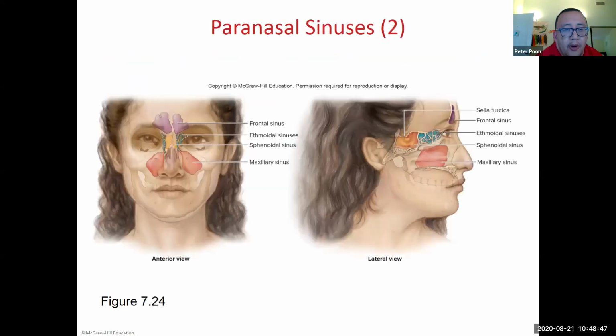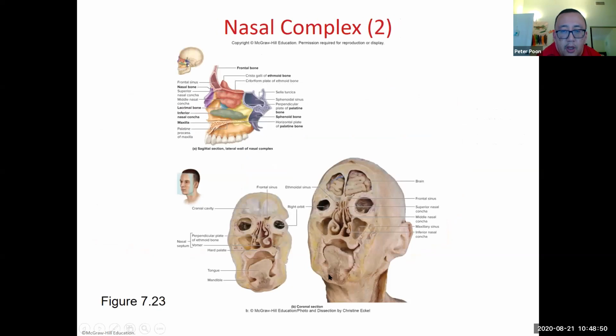I don't know why they didn't go over this bone, but I'm going to go over it here. See the thing that looks like an upside down question mark? That little bone is called the inferior nasal concha. When the air comes in, that little groove, along with the middle nasal concha and superior nasal concha of the ethmoid bone, these three grooves help the air cause turbulence.